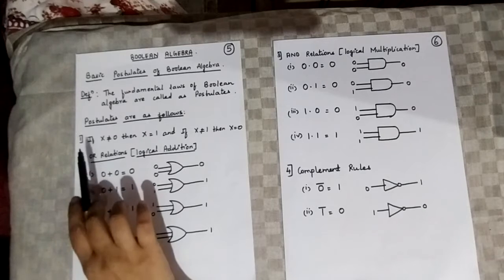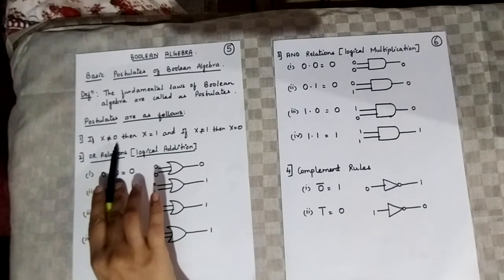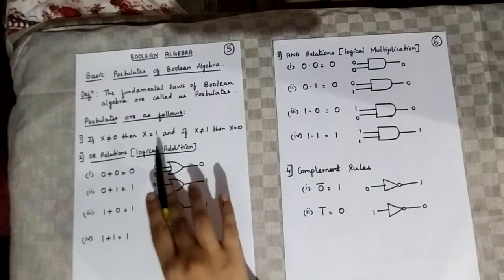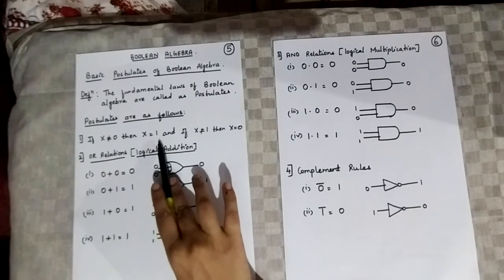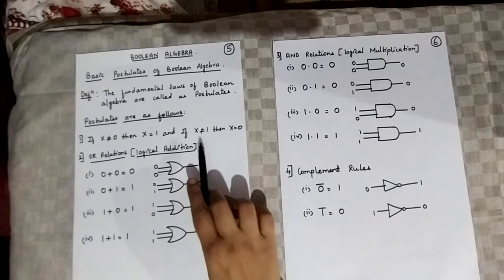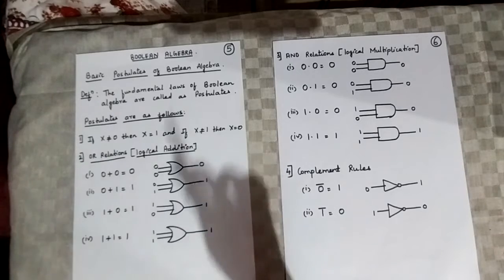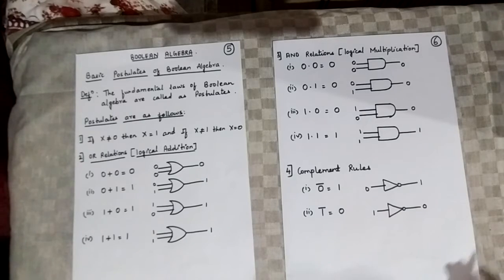So, according to this postulate, if x not equal to 0, then x should be equal to 1, because there is no other possibility of value. Similarly, if x is not equal to 1, then x should be equal to 0. As simple as that. So, this postulate says that if a logical variable is not holding 0, then it has to hold 1. If it is not holding 1, it should hold 0.